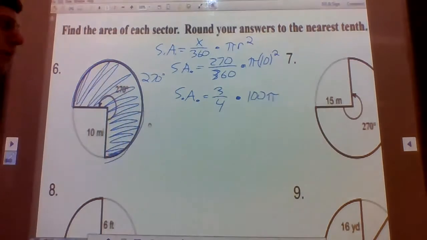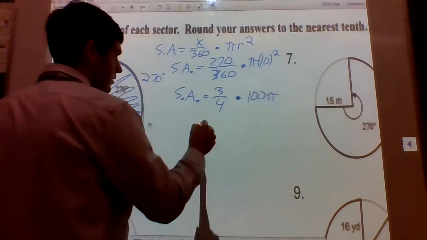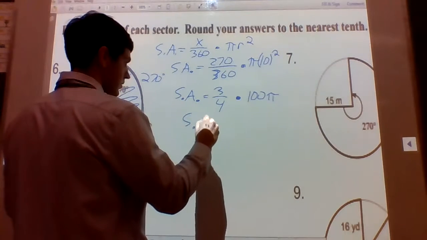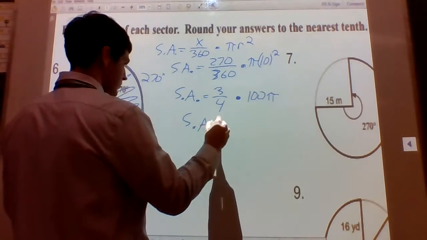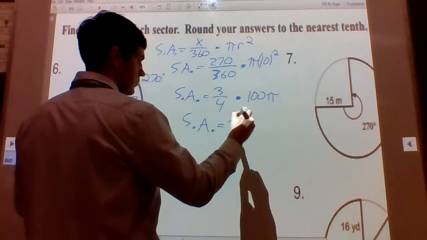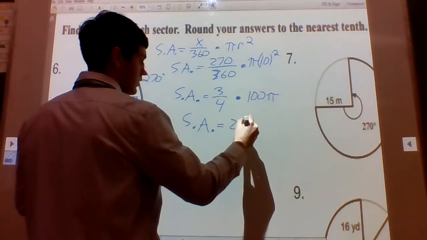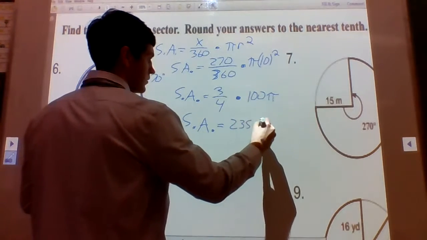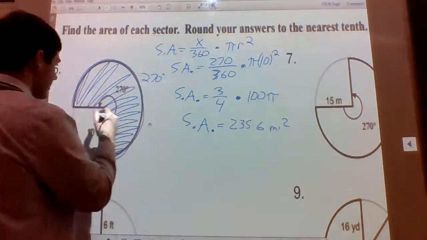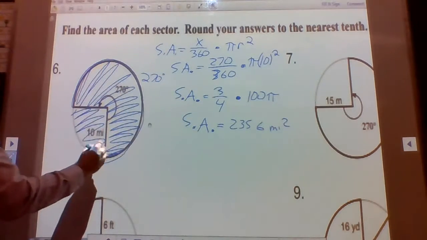So that's 300 pi divided by 4, which is 235.6. So the sector area is 235.6 miles squared.